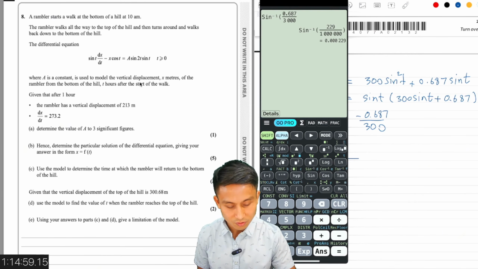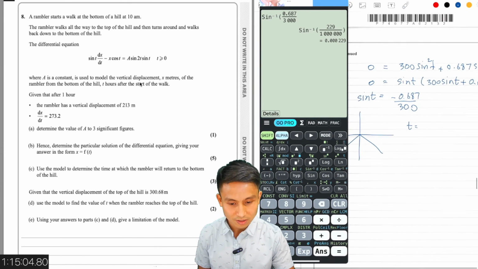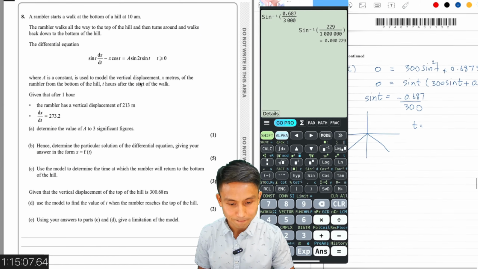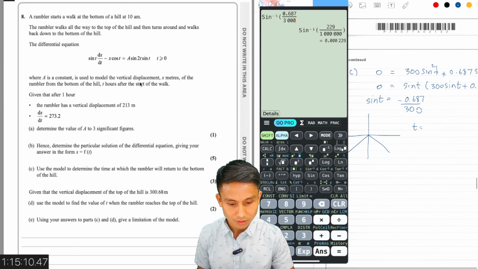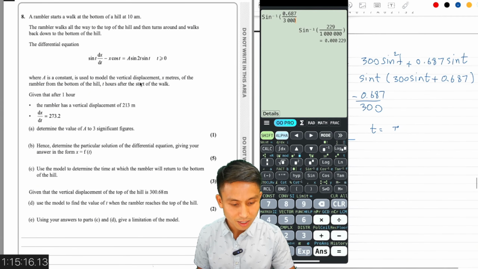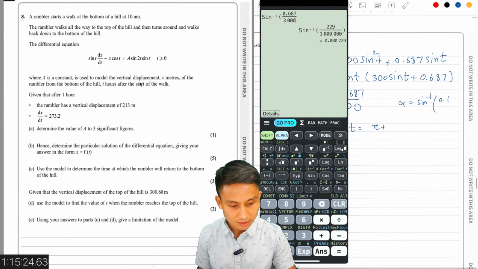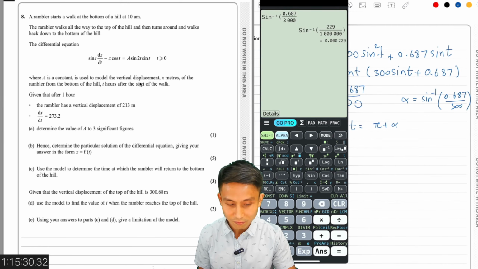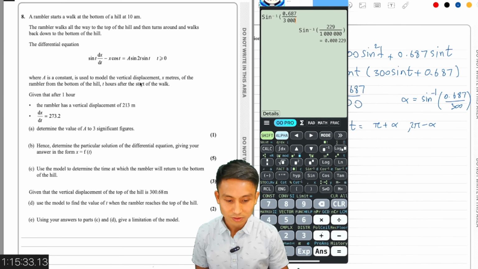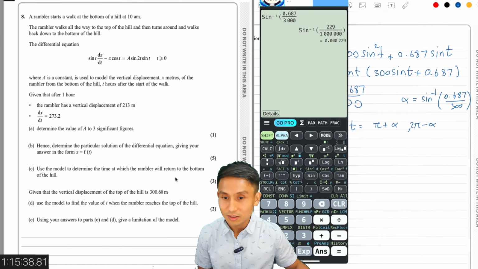Okay. So what's that? T equals, this is the first one. Yeah, okay. So it's pi plus, let's make alpha the principal angle, so that's basically arc sine 0.683 divided by 300. So that's just pi plus alpha and 2 pi minus alpha. We want the time at which it will return to the bottom of the hill again.